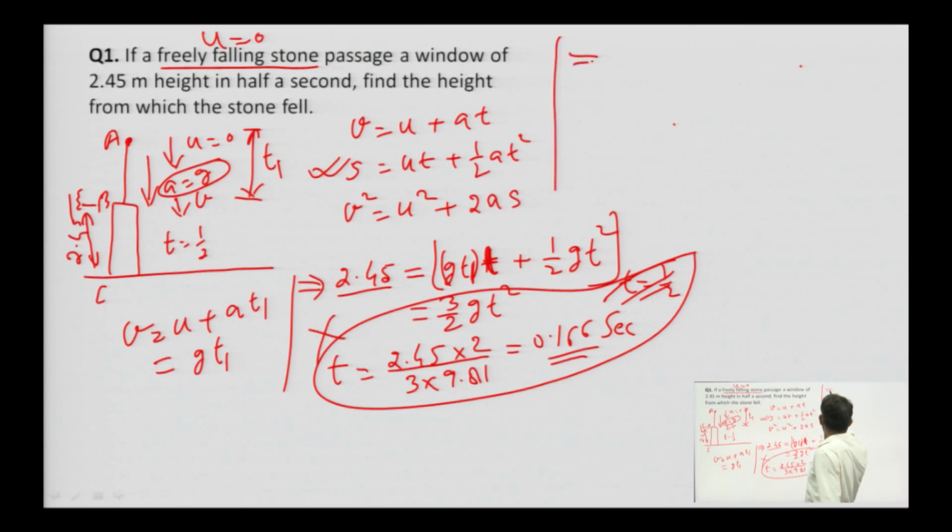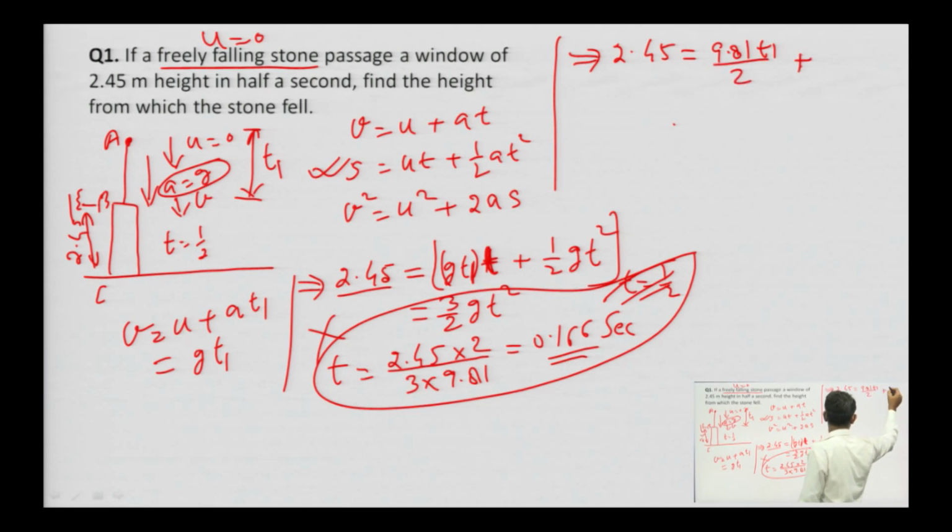So here 2.45 is equal to g value, 9.81 into T1 divided by 2 because the t value is 2, plus half g, 9.81 divided by 4.